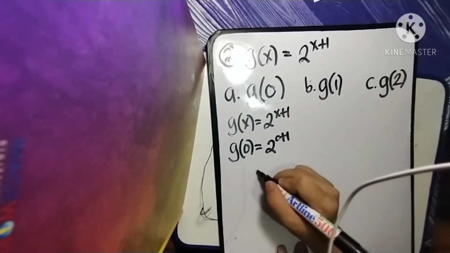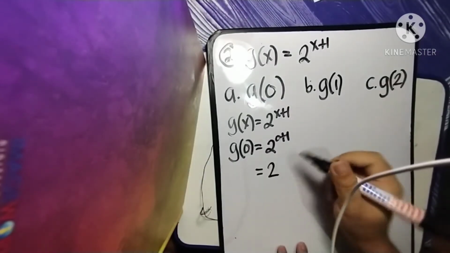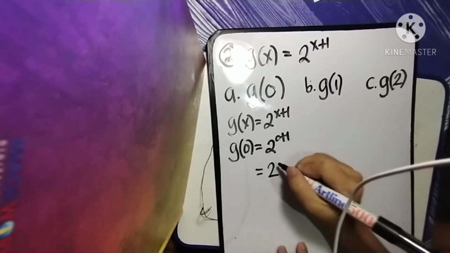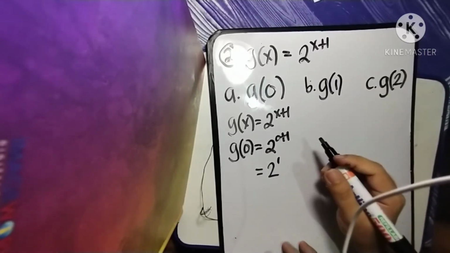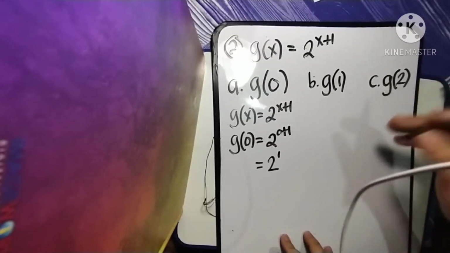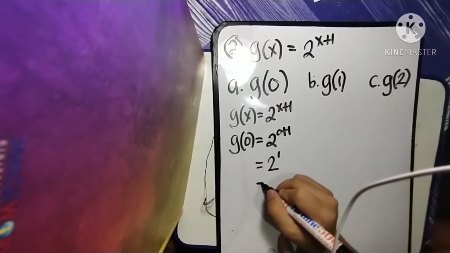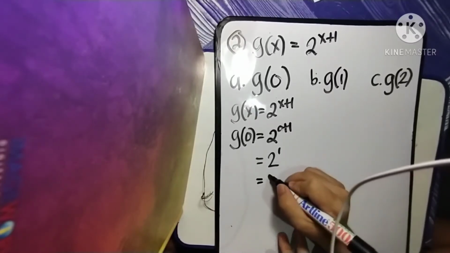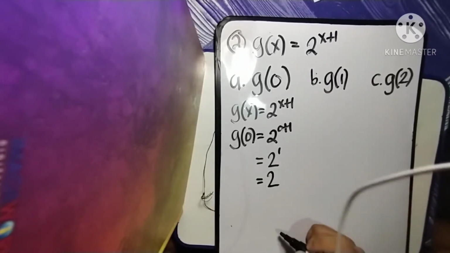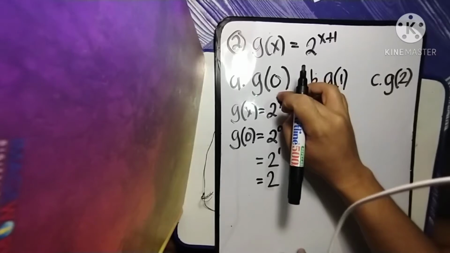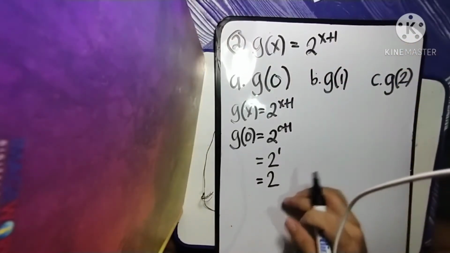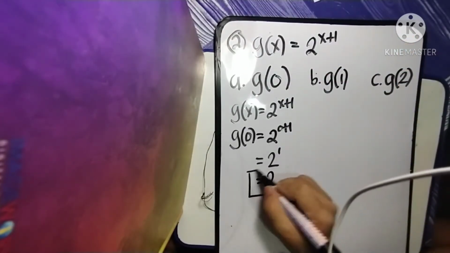Then, simplify. So, 2 to the power of 0 plus 1. Now, 0 plus 1 is 1. So, based from the law of exponent, any number that is raised to 1 is the number itself. Meaning, this is just equal to positive 2. So, if x is 0, then the value of the function is positive 2.